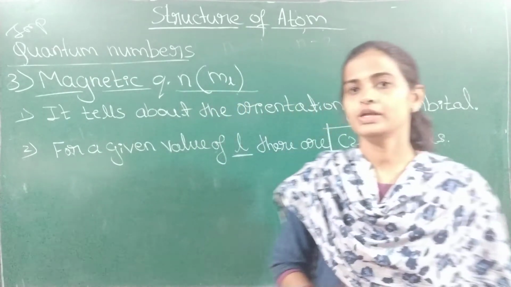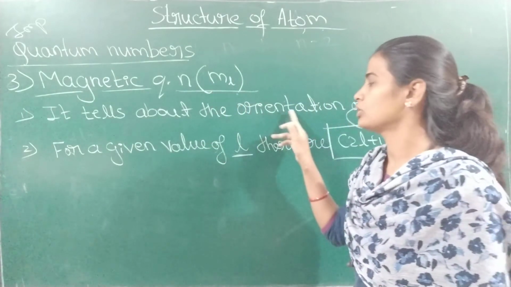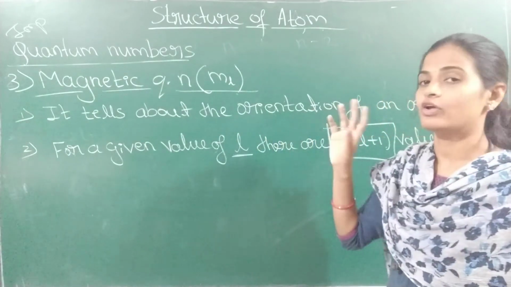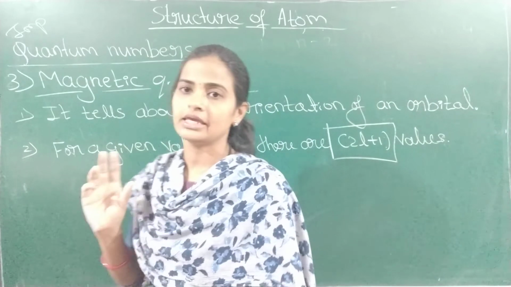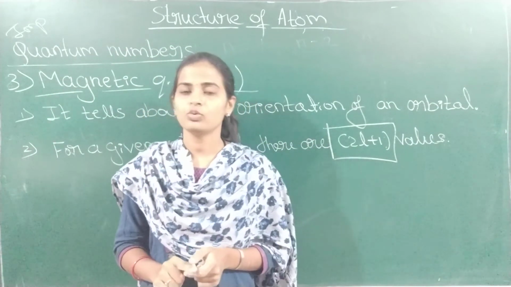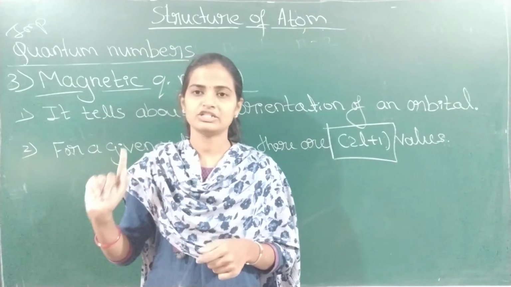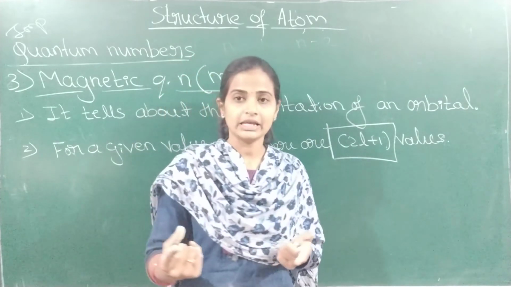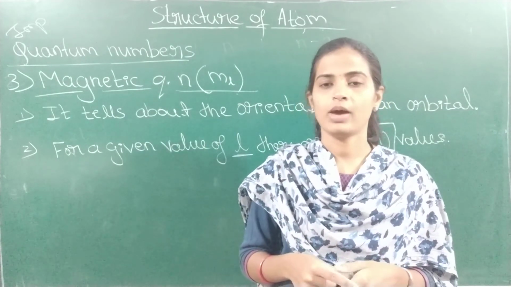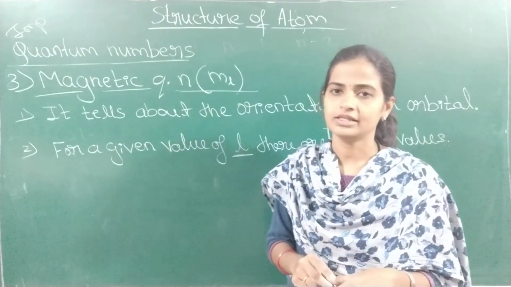In this video, just remember it tells about the orientation of the orbital, and for a given value of l, the ml values are given by 2l plus 1. Then how exactly to calculate the values of the magnetic quantum number, and based on those values, how to write the orbitals, that we will study in the next video.